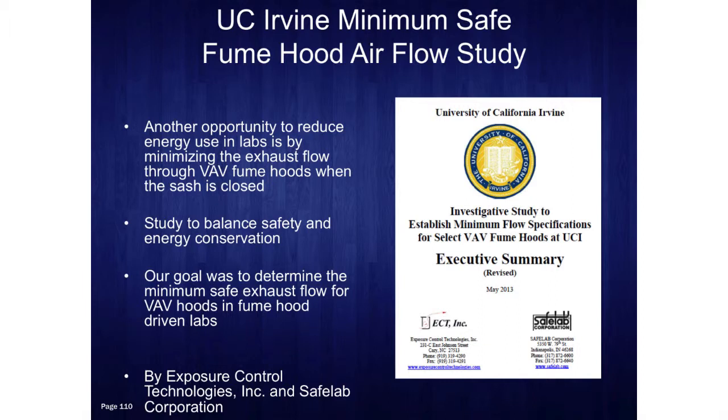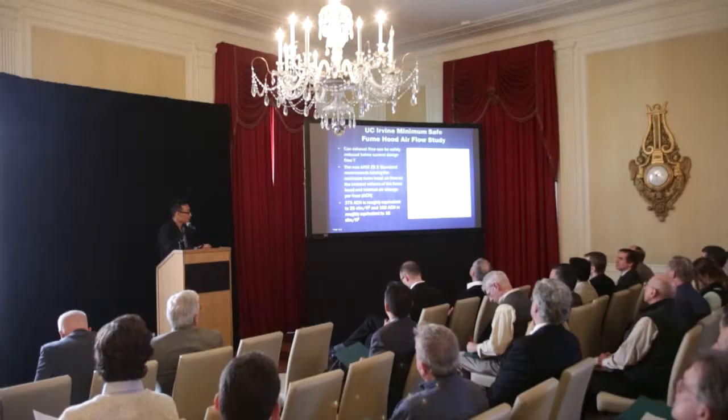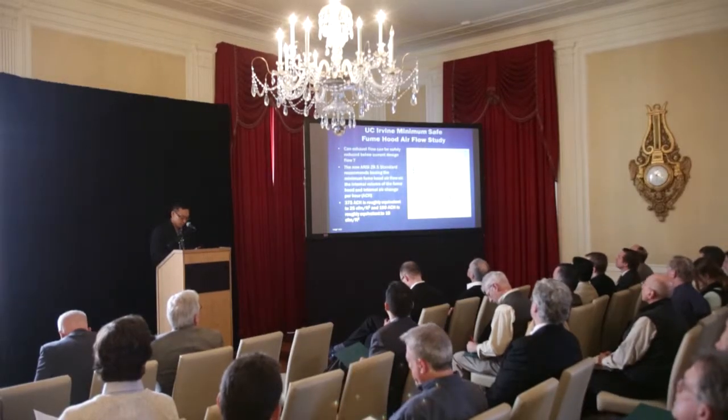I think it was Alan who was talking earlier about how it's good practice to close the sashes, and yes, that is good practice and that does save energy, but when those sashes are closed, ANSI Z9.5 says you could reduce the flow in the hoods even more than what is currently acceptable at 25 CFM per square foot of work surface.